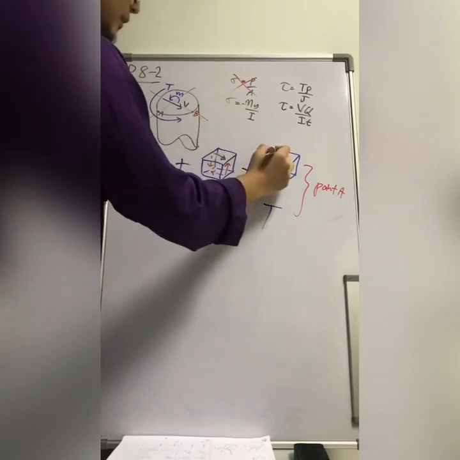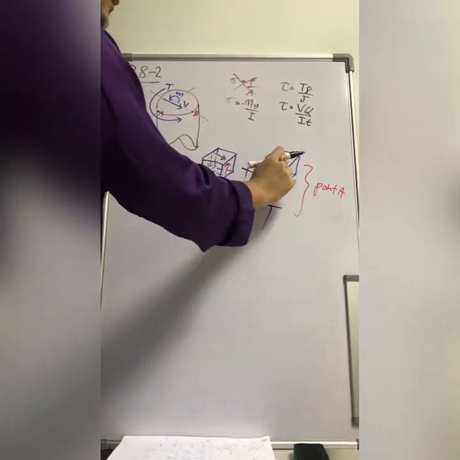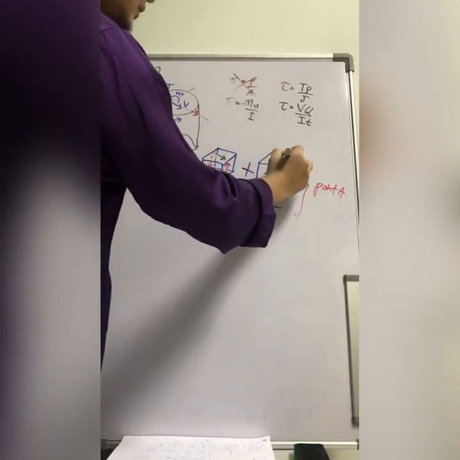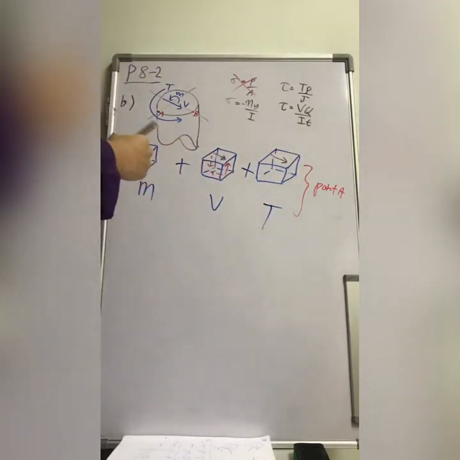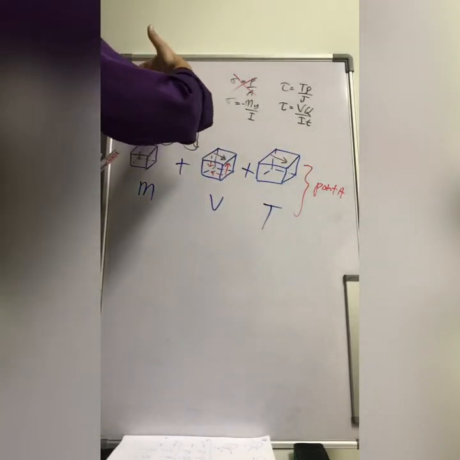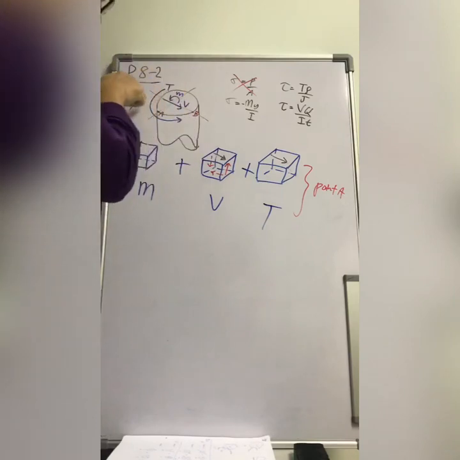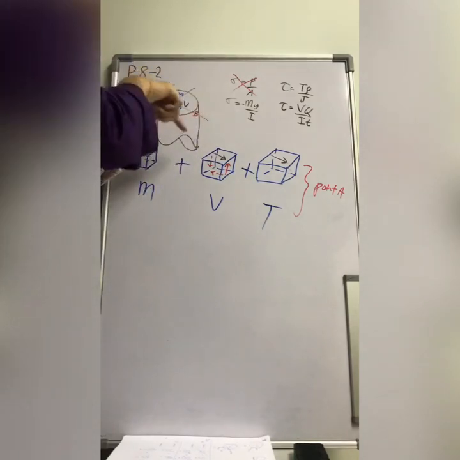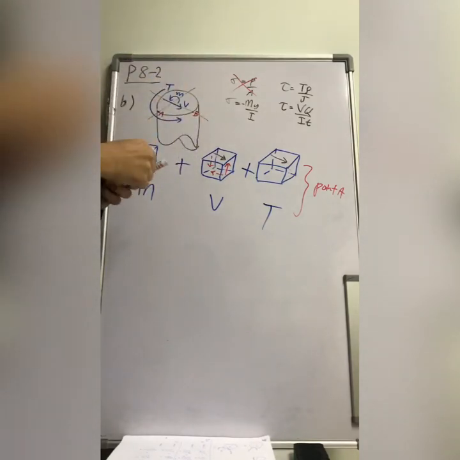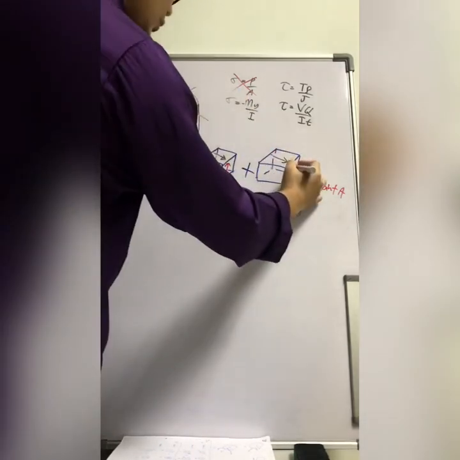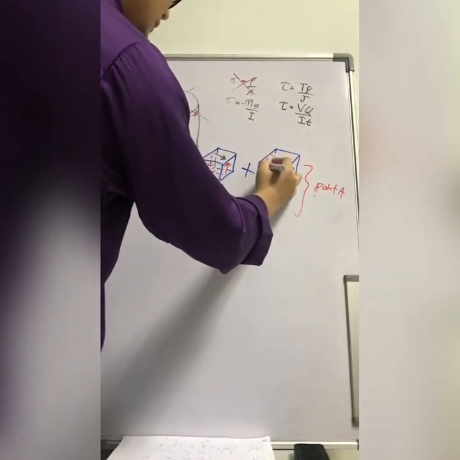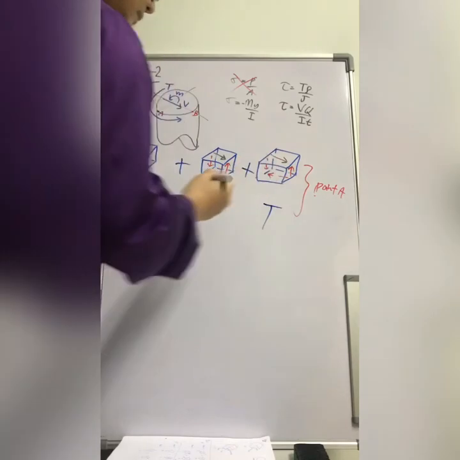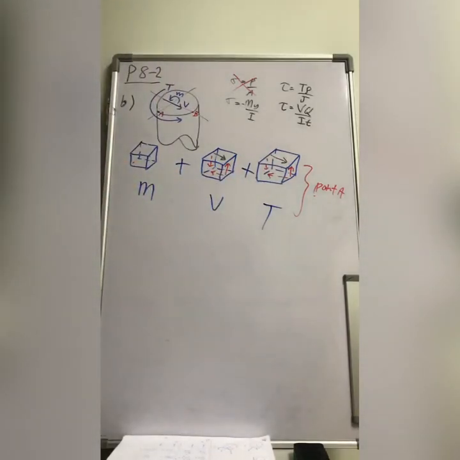Same direction as this V, because tau goes this way, so here, here, here. So this one is same as V. And again, you draw the complementary shear stresses. Okay, next we go to point B or volume B.